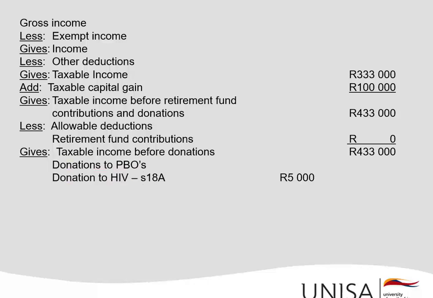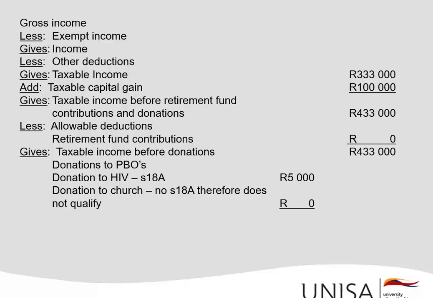Okay, so the first donation is to the HIV Awareness Center. The question tells us that the taxpayer received a Section 18A receipt, so we can include that in the qualifying donations. The next donation is to their church, and obviously the church is not registered as a public benefit organization because no Section 18A certificate or receipt was issued, and therefore it doesn't qualify to be deducted.